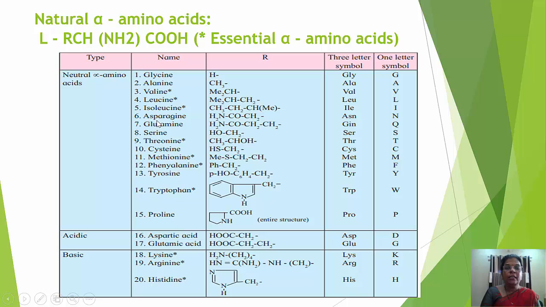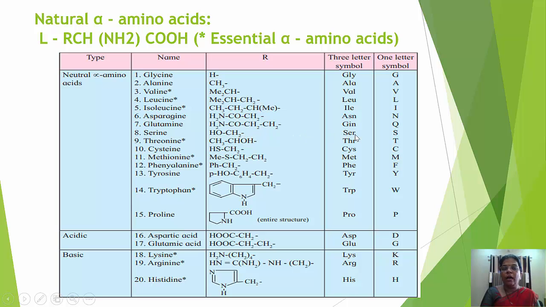Then next, asparagine, NH2CO CH2. It is represented as ASN or N. Then number 7, glutamine. In glutamine, R is NH2CO CH2 CH2. It is represented as GLN or Q. Then next, number 8 is serine, OHCH2.